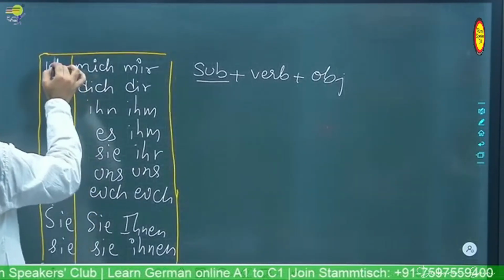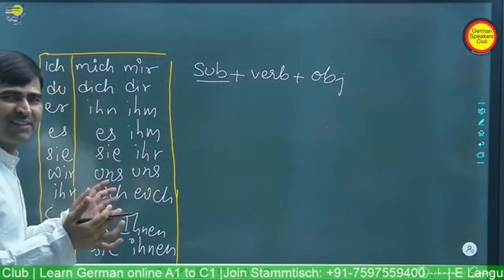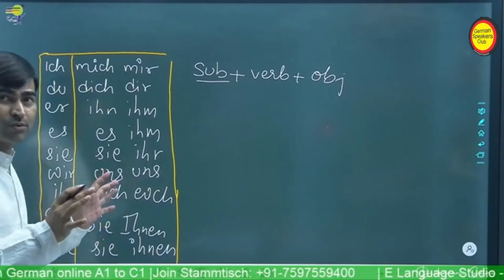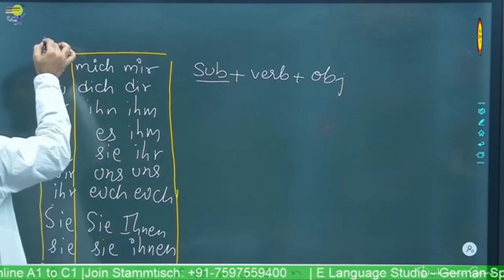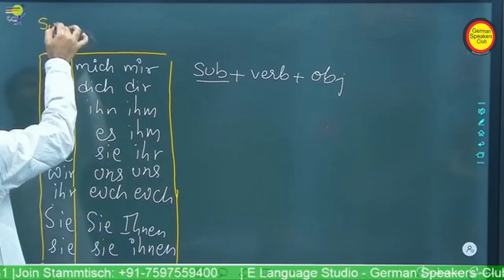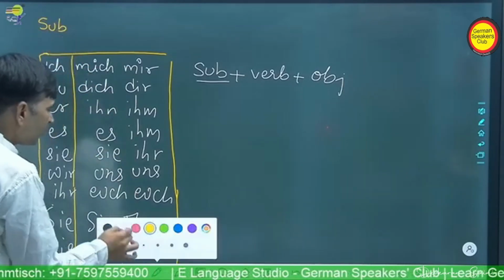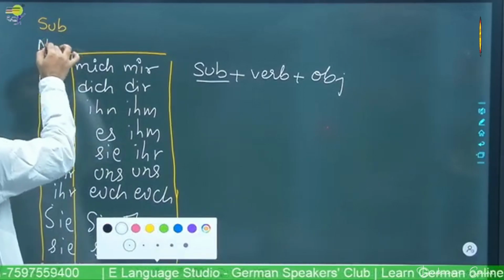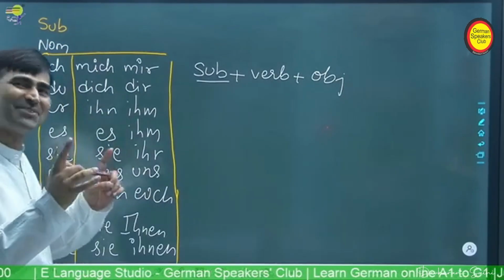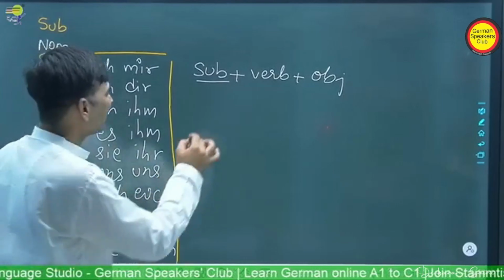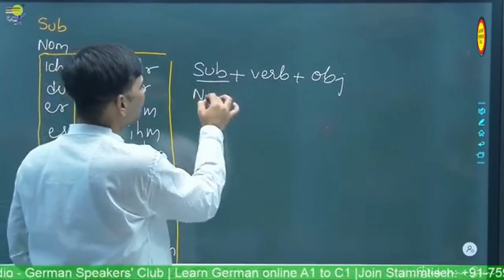Today I'm going to call it subject, but in the days to come I will also call it the nominative part of it. So you can understand that we talk about the subject. At times I might also call it nominative. You understand it is the nominative or the subject, the same thing.